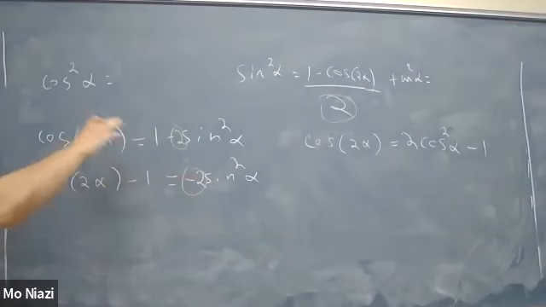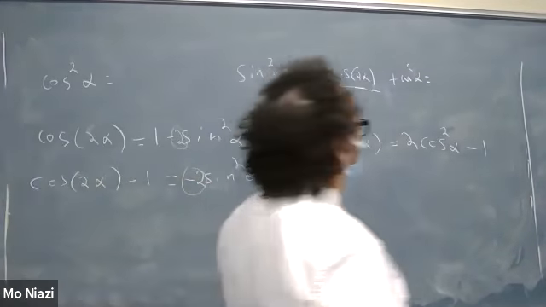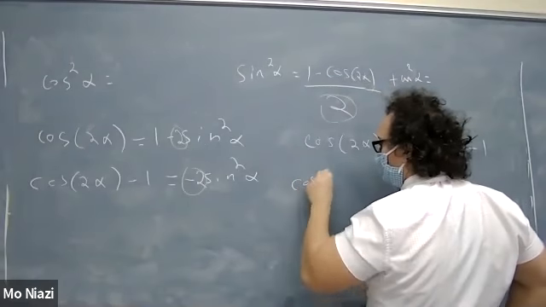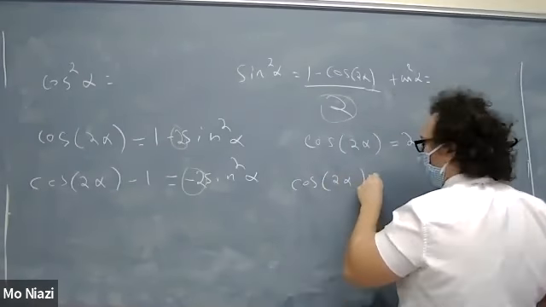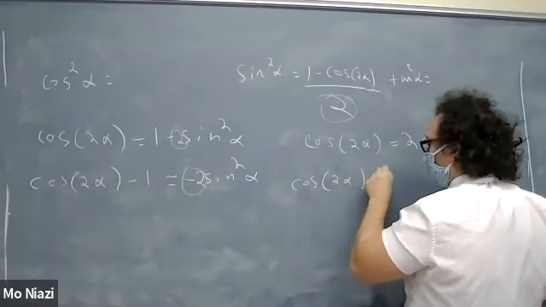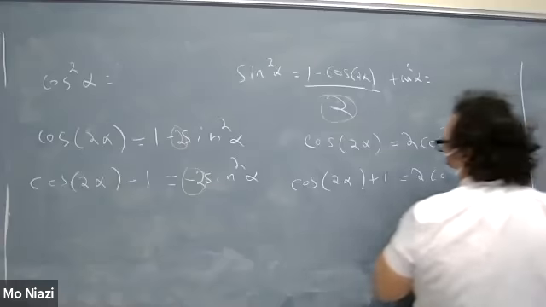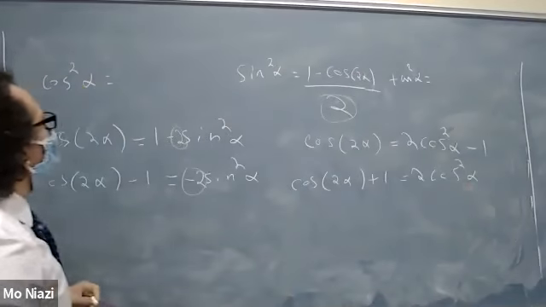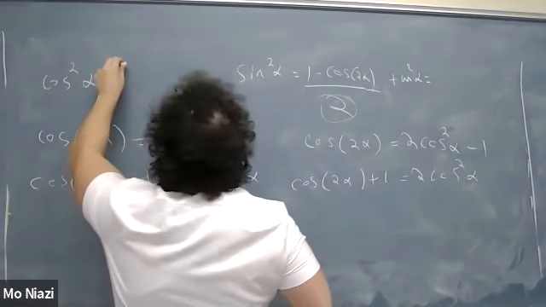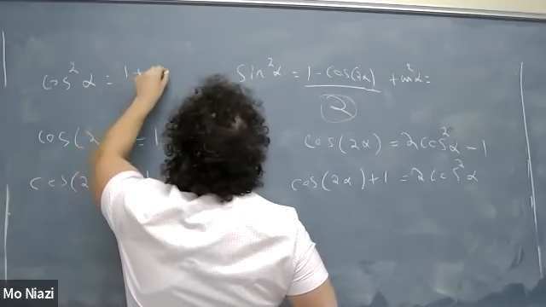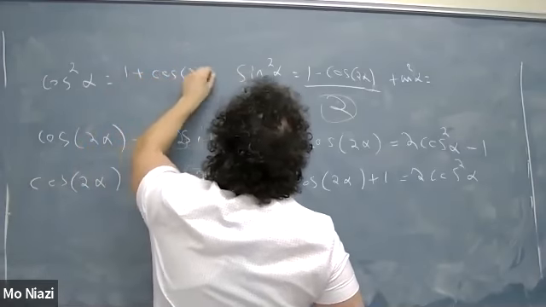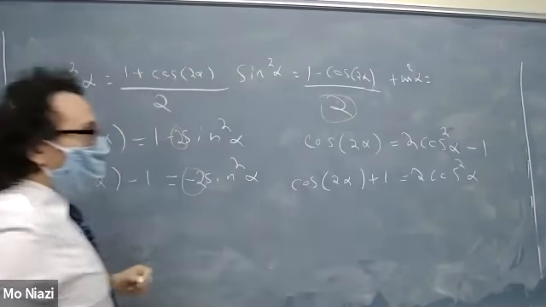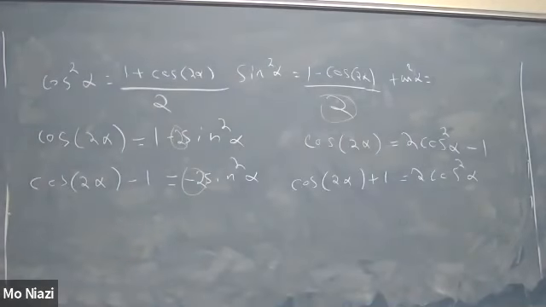Solving for cosine squared alpha, we can attain another power reducing formula. Right, so then when I divide both sides by 2, I get the result. Isn't that cool? We're able to reduce its power. We were able to express it as a reduced power.